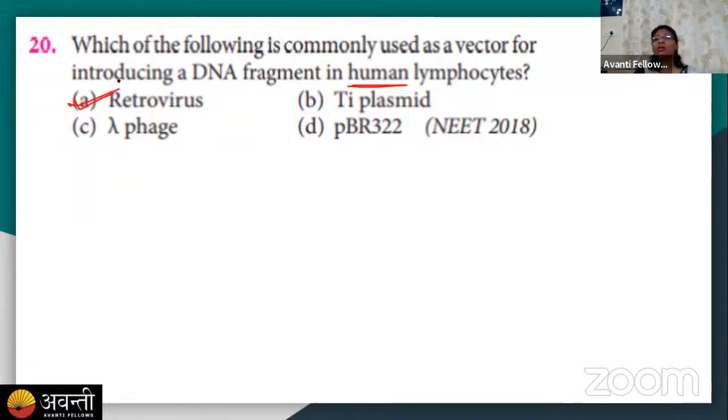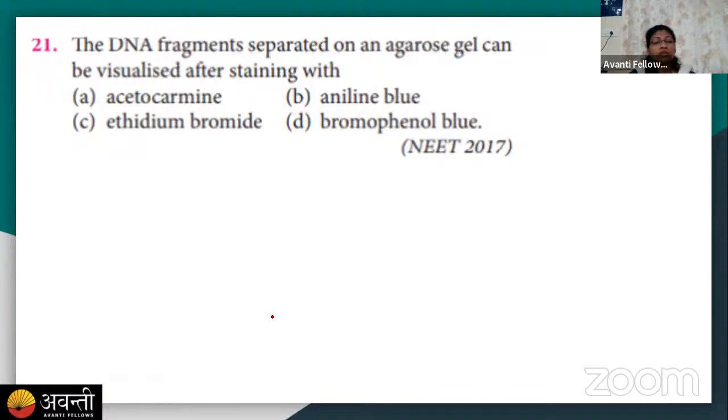Here we are only talking about humans. We use retroviruses made non-pathogenic, because these retroviruses are carcinogenic in nature. We first make them non-pathogenic, and only then use them for the introduction of DNA in a human lymphocyte, or any human cell.